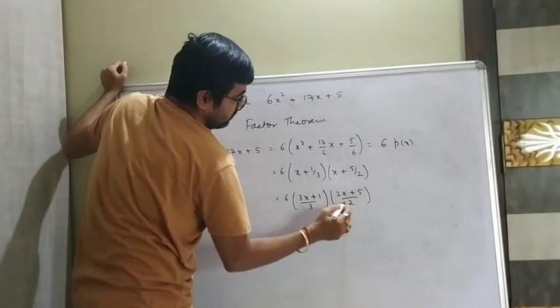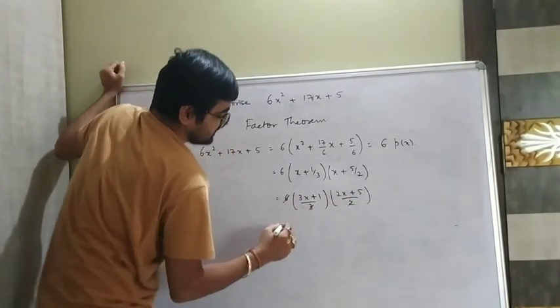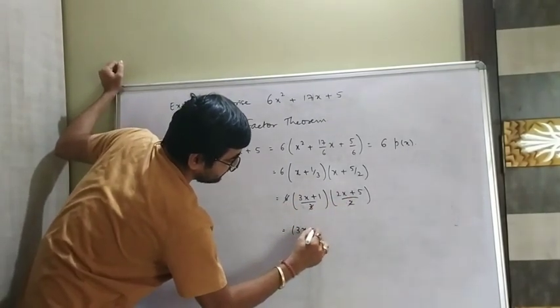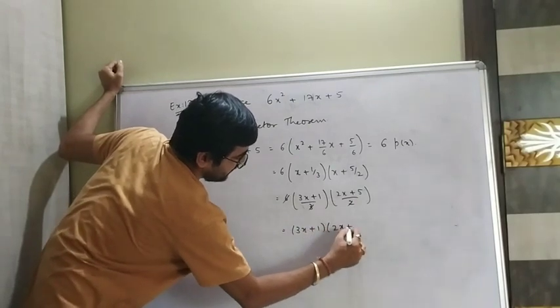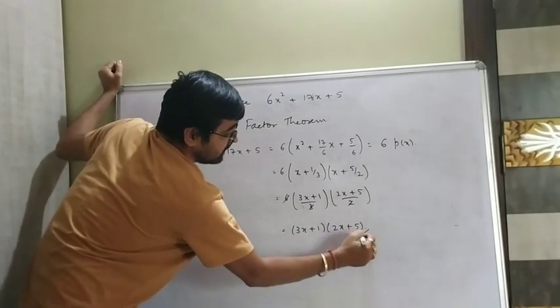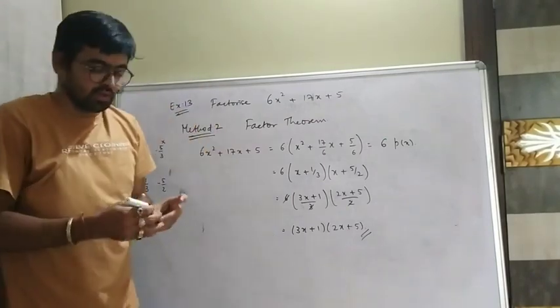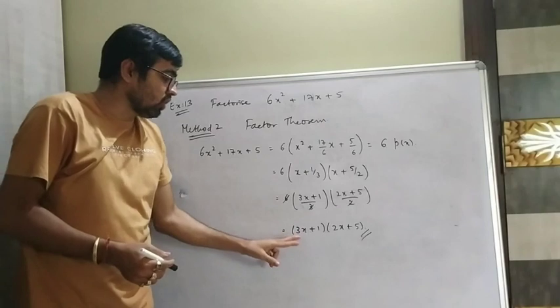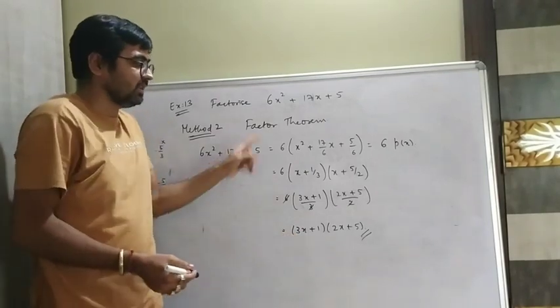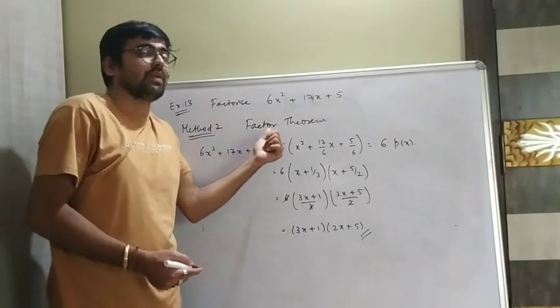Now if you look carefully, 3 2s are 6 and this 6 gets cancelled. So my factors are 3x plus 1 and 2x plus 5, and these were the same factors we got using the splitting method.